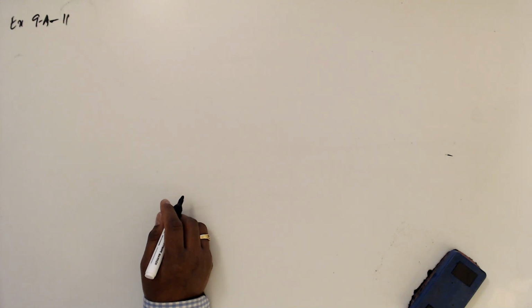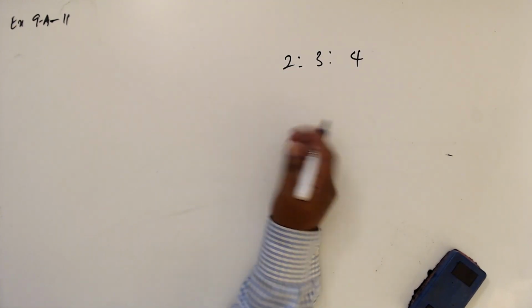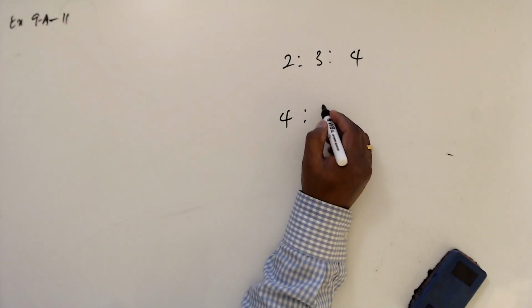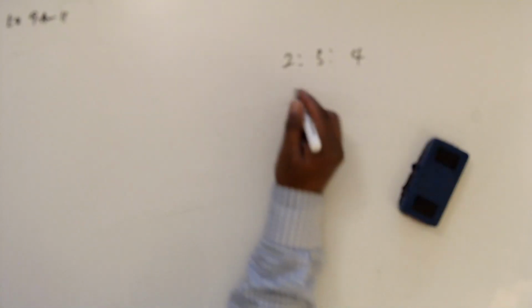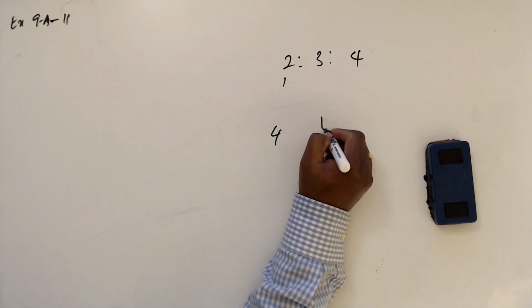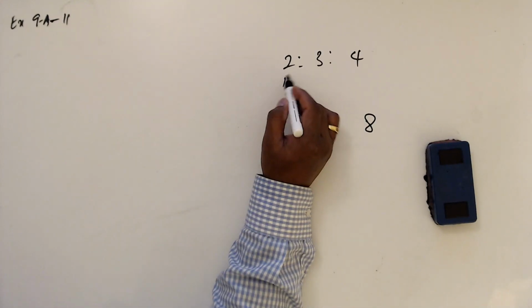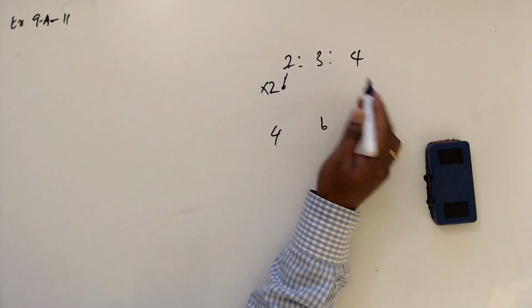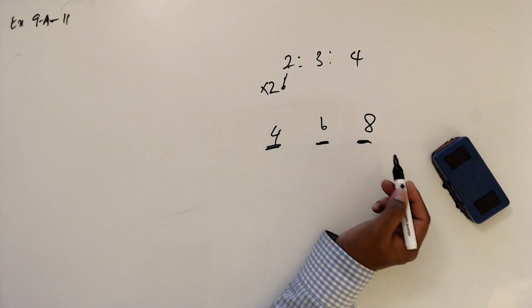Question number 11. The lengths of the sides of a triangle are in the ratio 2 to 3 to 4. Now we don't know the distances. It may be 4, 6 and 8, which means you multiply by 2: 2 times 2, 3 times 2, 4 times 2.